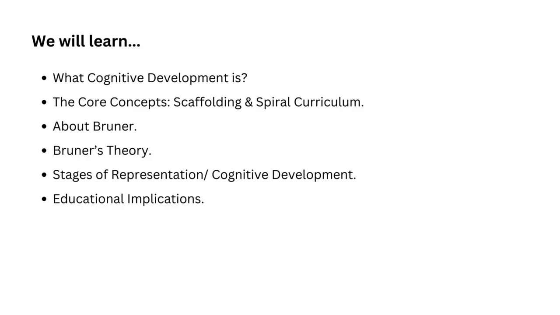We will discuss who Bruner was and why his theory was so influential in the field of education. We will understand his theory and the stages he proposed, which are enactive, iconic, and symbolic. We will finally see how these concepts are applied in real-world educational settings and how they can transform the learning experiences.